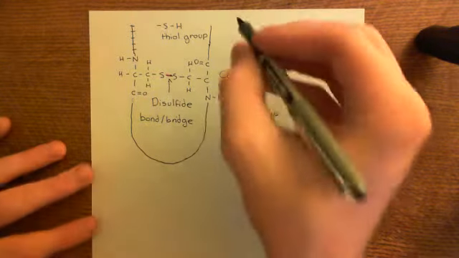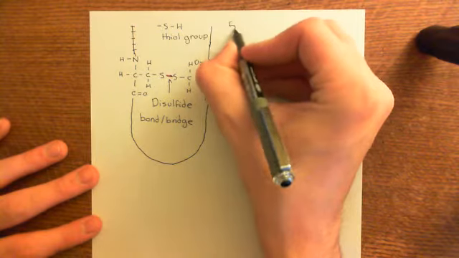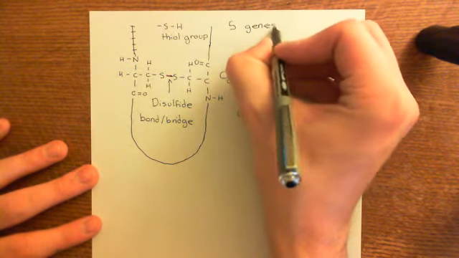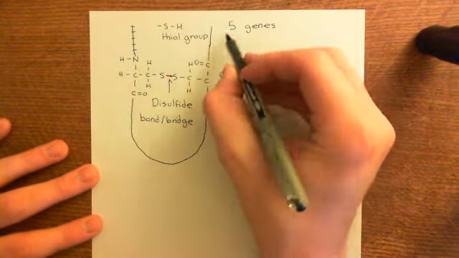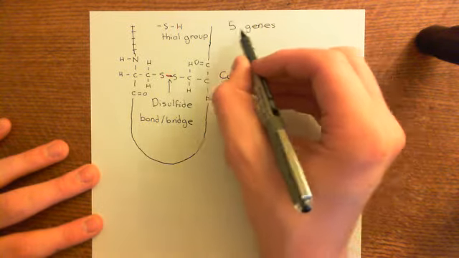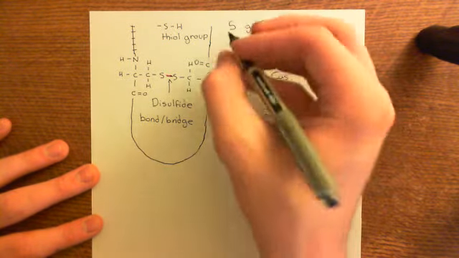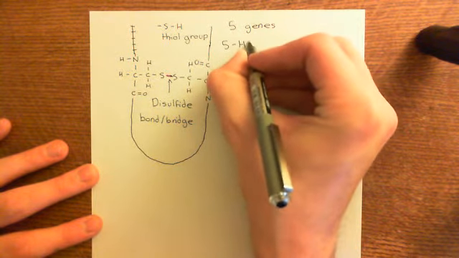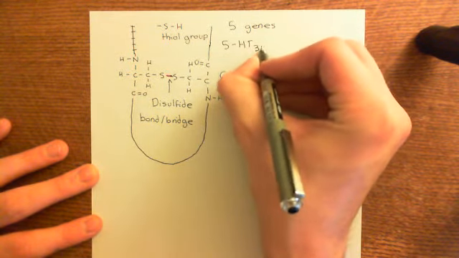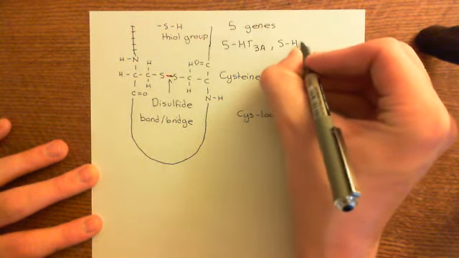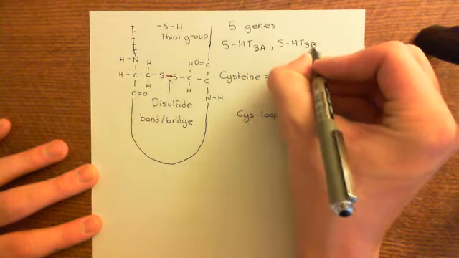Instead, we have 5 cloned genes for 5-HT3 receptor subunits, okay? So there isn't just one gene coding for a 5-HT3 receptor subunit. Instead, there are 5 genes, and these are called the 5-HT3A gene, the 5-HT3B gene, and I might as well finish it now.